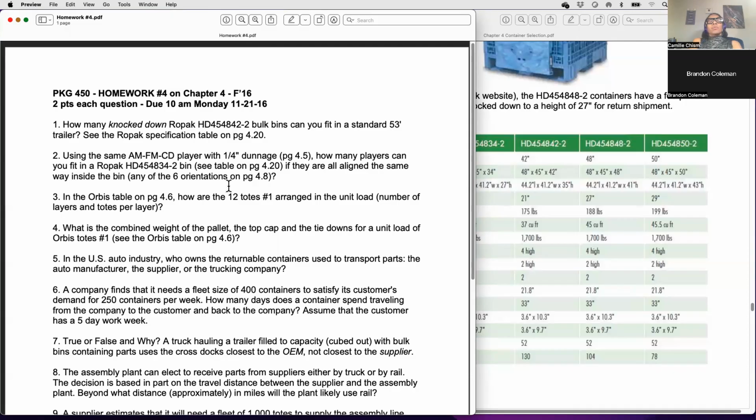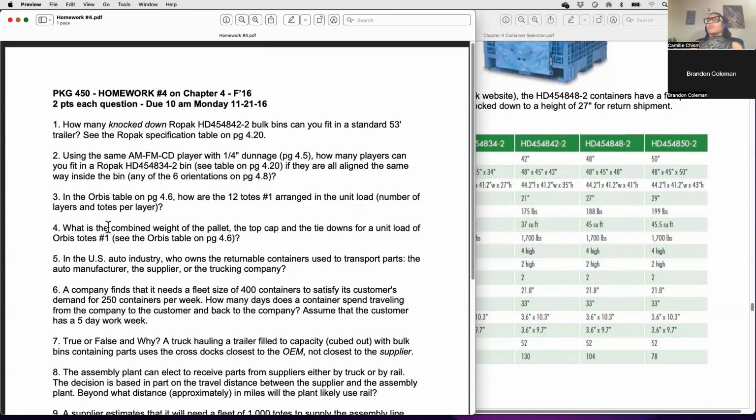So looking at those 6 orientation examples that we talked about earlier today. And then, like I said, you want to start off with your liquid cube to see what would be the maximum. But knowing that you're going to have to back out of that, you're going to have to start shaving off partial radios and partial bins and those sorts of things, to make sure you can get everything into the trailer. And then you want to check things like the weight as well.